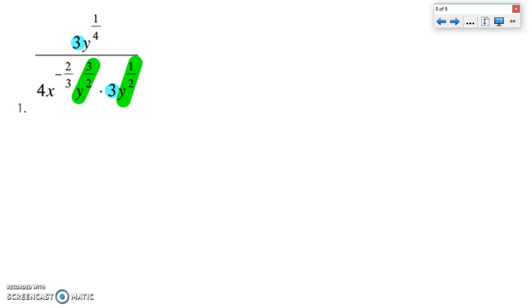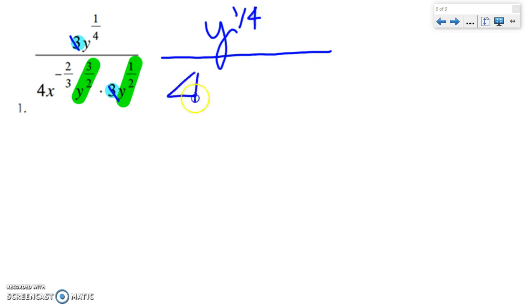And because the 3 in the numerator and the 3 in the denominator don't have any extra exponents, there's nothing else happening to them, I can cancel them out. So let's start simplifying this a little bit. I'm going to leave y to the power of 1/4 in the numerator for the moment. I'm going to leave 4 in the denominator because that hasn't canceled.